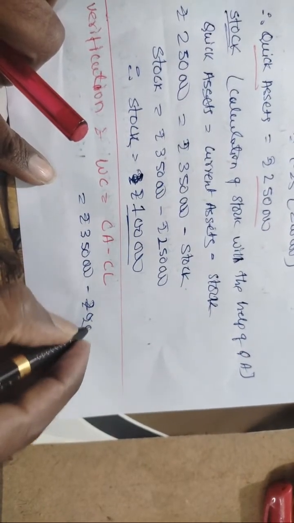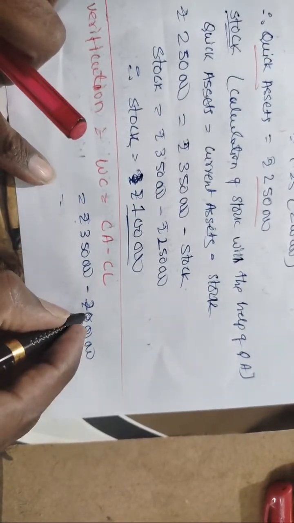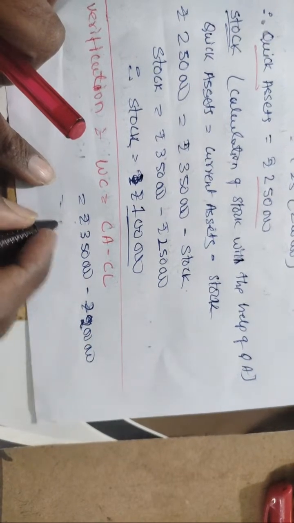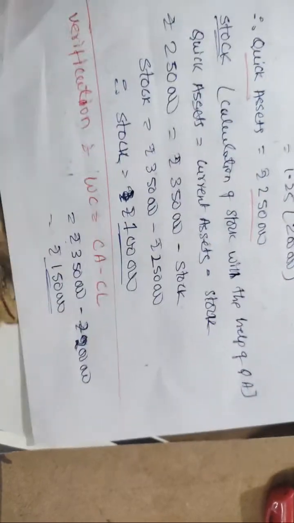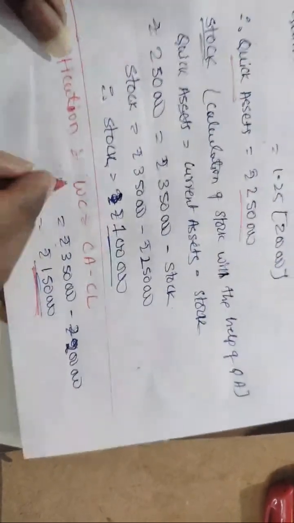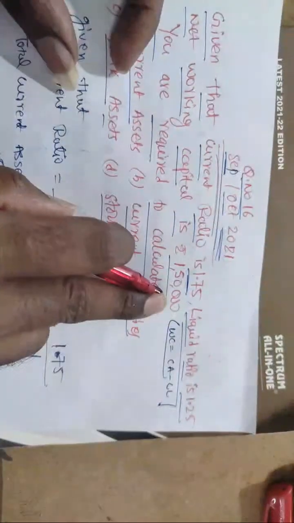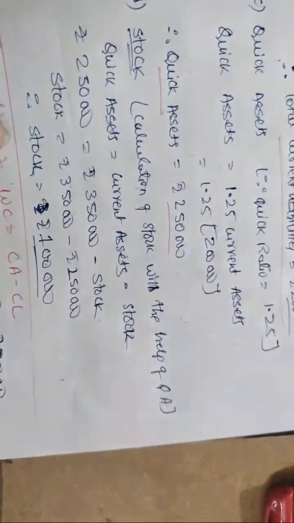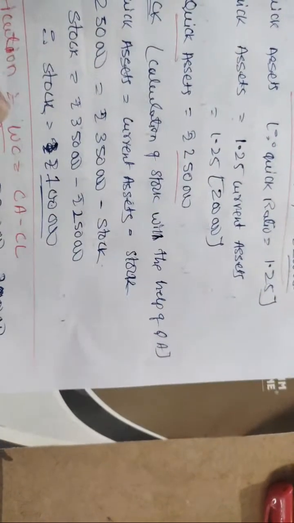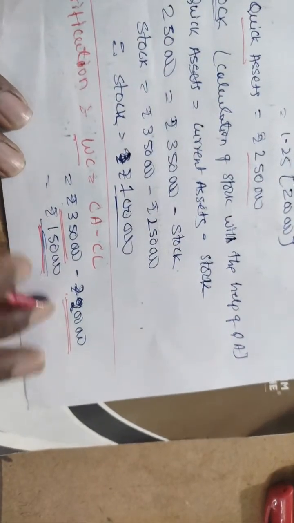From 3,50,000 if you deduct rupees 2 lakhs, we get rupees 1,50,000 as working capital. Check your answer with the net working capital given in the question. Net working capital given is 1,50,000. That is nothing but what I said. Working capital is nothing but current assets minus current liabilities. Total current assets we got 3,50,000 and current liabilities we got 2 lakhs. So our answer is correct.